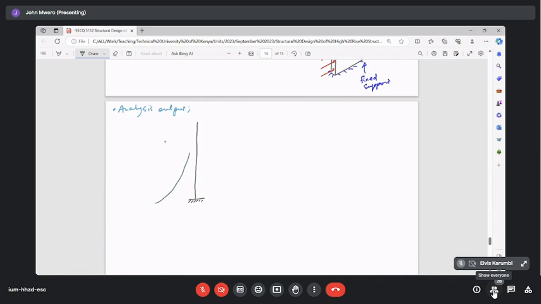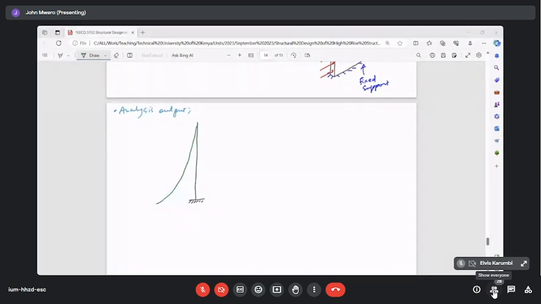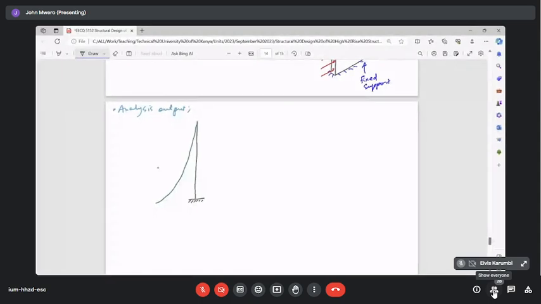It won't be a smooth curve. It will be line segments, discrete line segments and not a smooth curve.